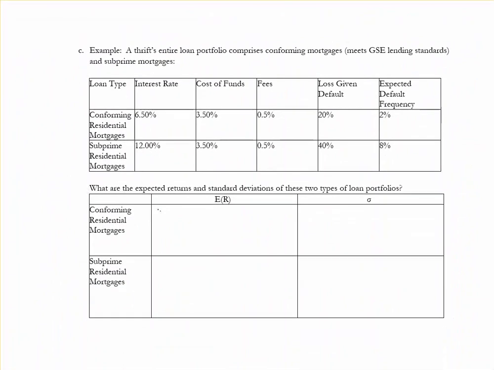So the expected return of residential mortgages will be the interest rate minus cost of funds plus the fees. So that's the all-in spread minus the loss given default times the expected default frequency. So I'm going to make the EDF decimal and loss given default percent, because you can't multiply 2% by 20%, because then the units would be all inconsistent.